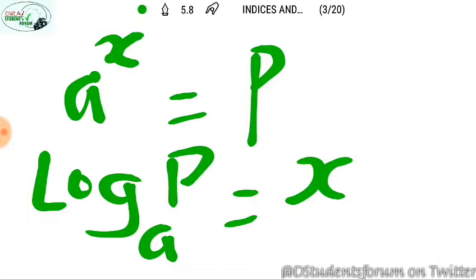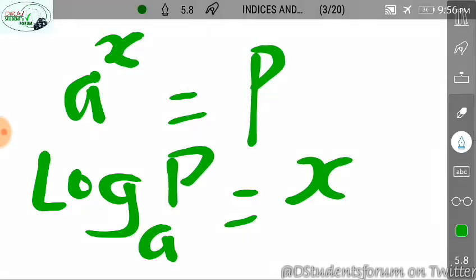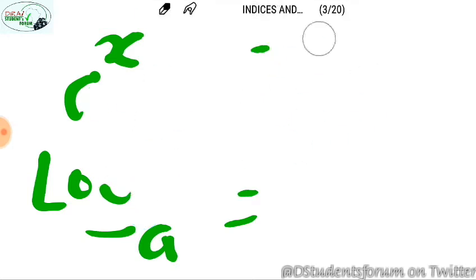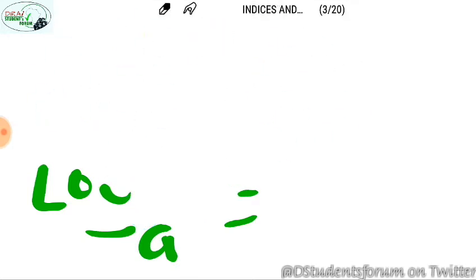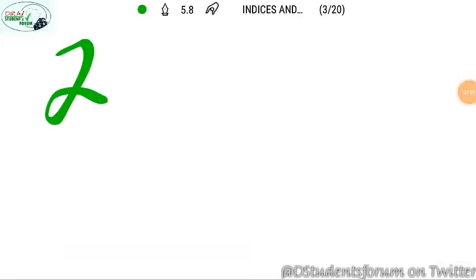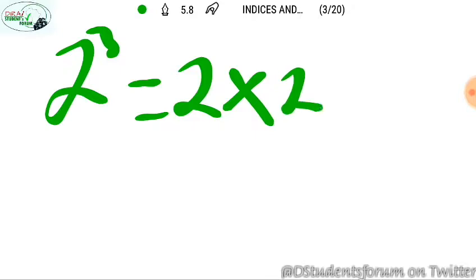Let's look at a valid integer. Writing 2 raised to power 3, we know it is in its index form, and the answer is going to give us 8. We have 2 raised to power 3 equal to 2 times 2 times 2.